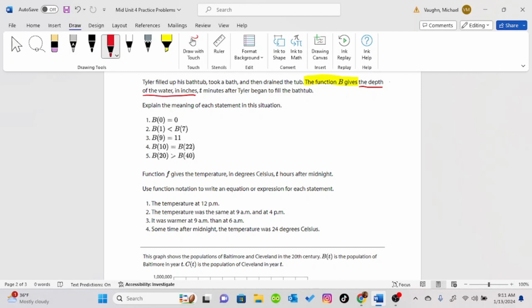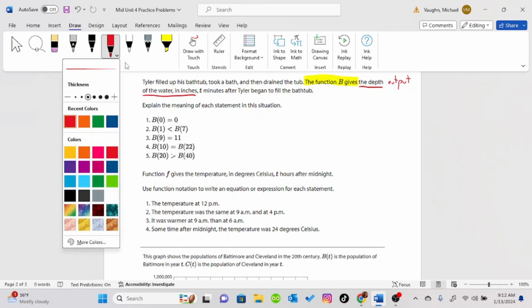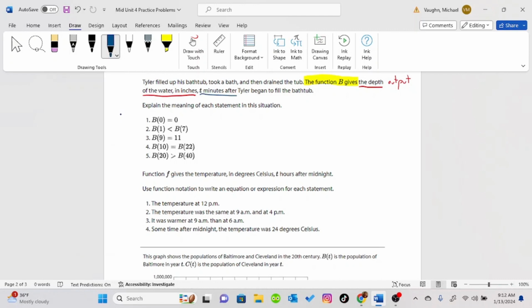Okay, so the depth is our output. T minutes after Tyler began to fill the bathtub. So the time after he began filling the bathtub is our input.